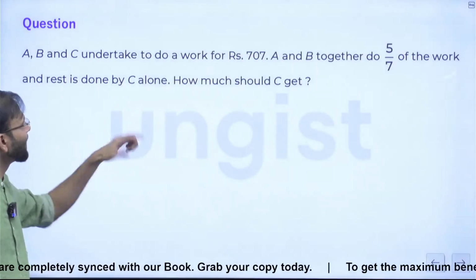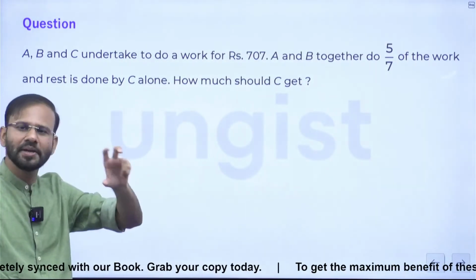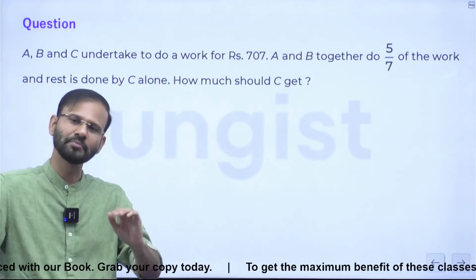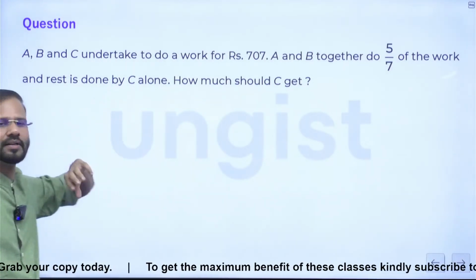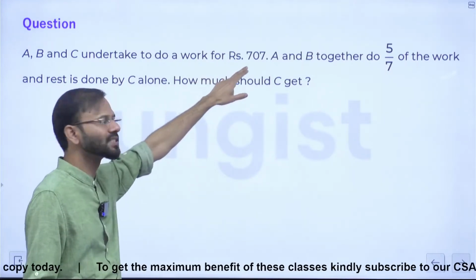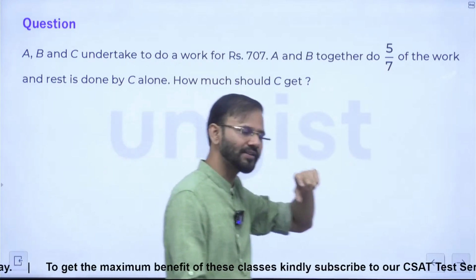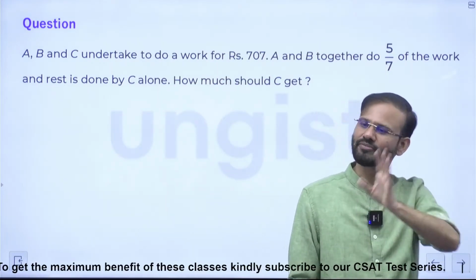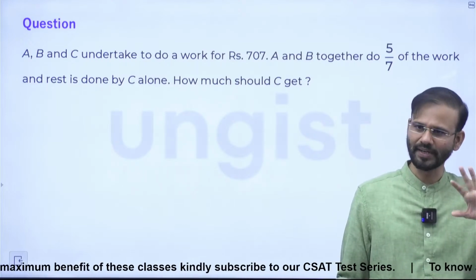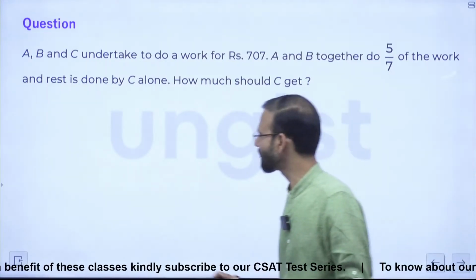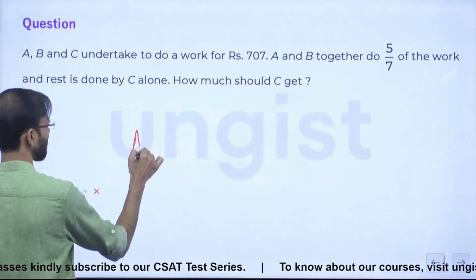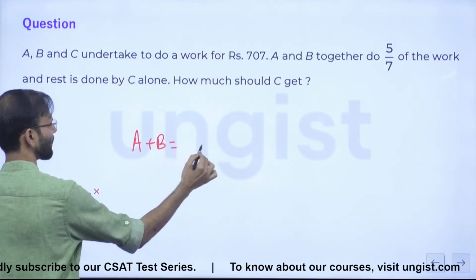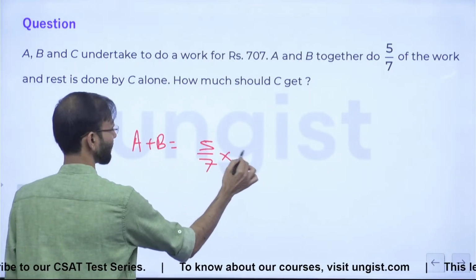Guys, 5 by 7 is being done by A and B together. So rest will be done by C. Right? Rest will be done by C. So total they are getting 707. So 5 by 7 of 707 will be 505. Getting it? So 505 will be the share of A and B together. 5 by 7 of 707.